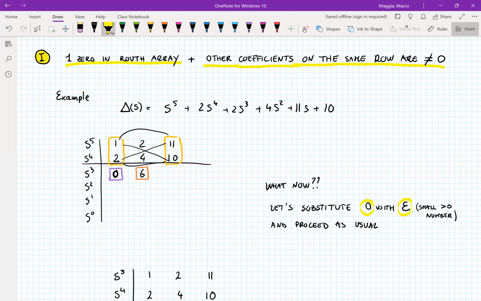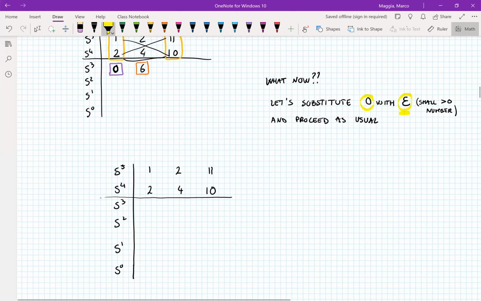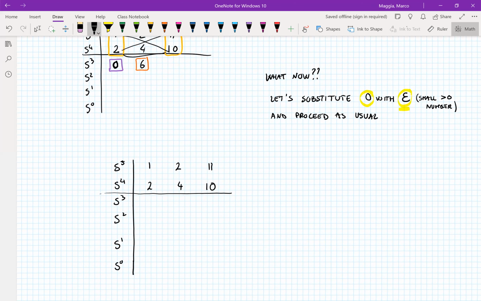So we're going to have a number that tends to 0, okay? We just substitute that 0 with epsilon, and then we'll proceed as usual. So instead of having 0, we'll just write epsilon, and then everything as was earlier, so 6, and obviously the other term was 0. And now we can proceed as if nothing happened.